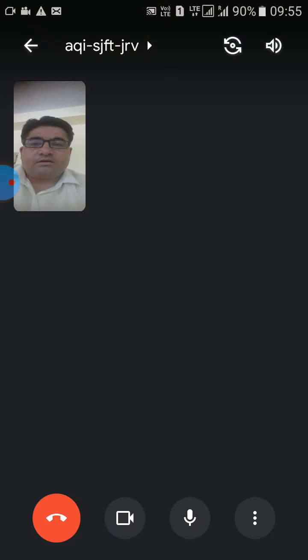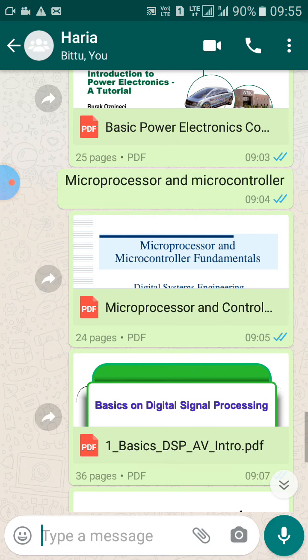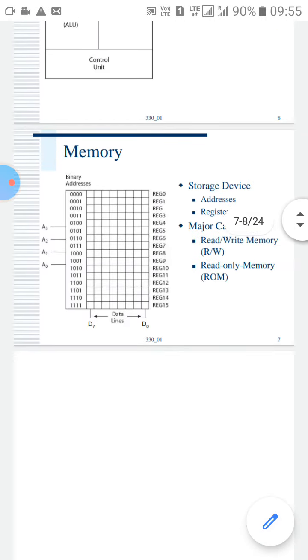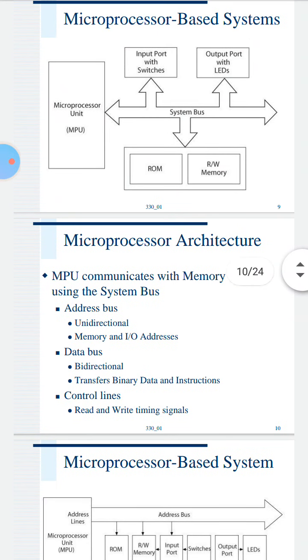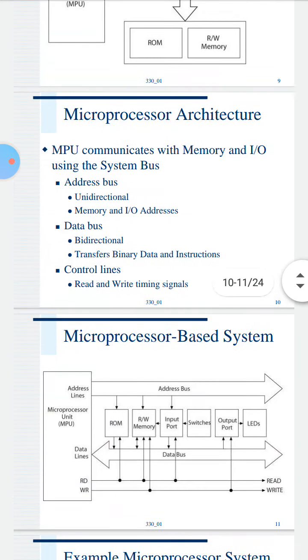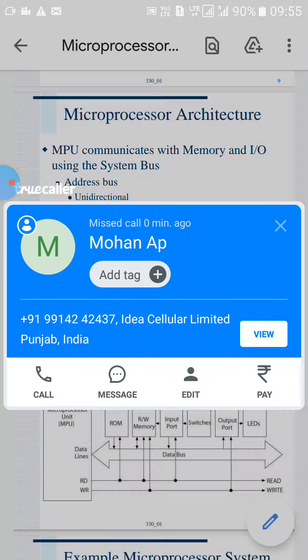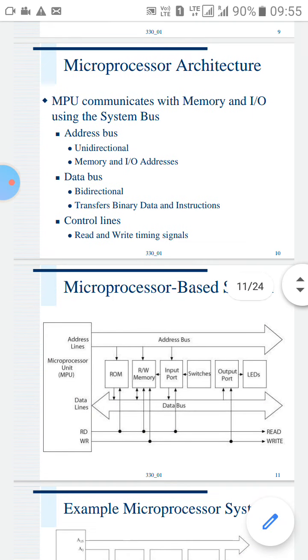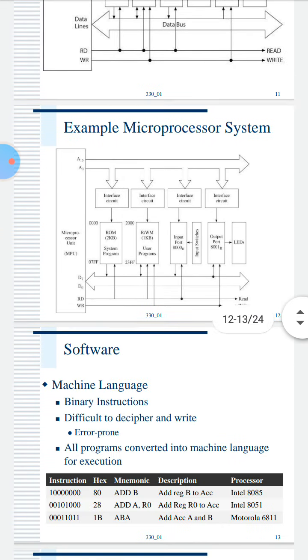Also, during that time, the interval and system manufacturing technique matter. In microprocessor architecture, if you understand the address buses, data buses, control lines, and read-write timing signals, these are very important.